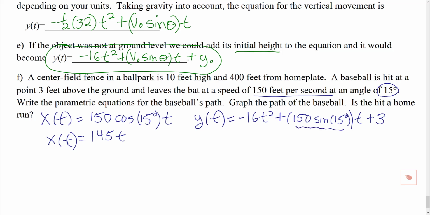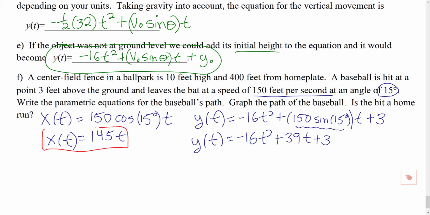We're going to round it to the nearest whole number again. So we have y of t equal negative 16 t squared, plus 39 t, and then plus 3. So this will model what the ball does given a time t.